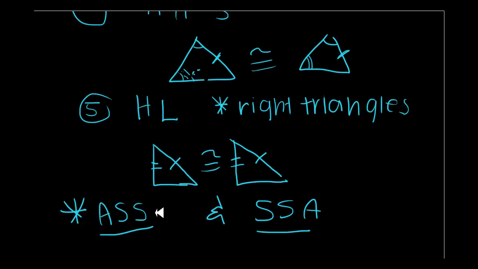Okay, if I give you two triangles and I give you one angle, and this side is congruent to each other, and for SSA, the same thing, it does not mean that these two triangles are congruent. ASS and SSA do not work.